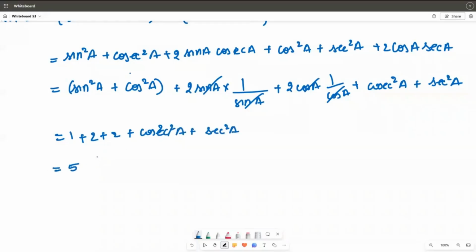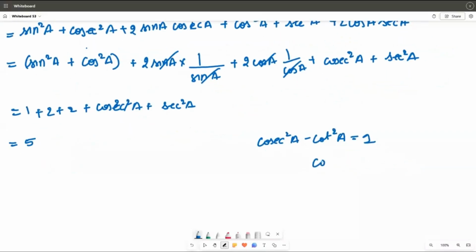And we know that cosecant square A is equal to 1 plus cot square A. Let's write it again, sorry. So we know that cosecant square A minus cot square A is equal to 1.